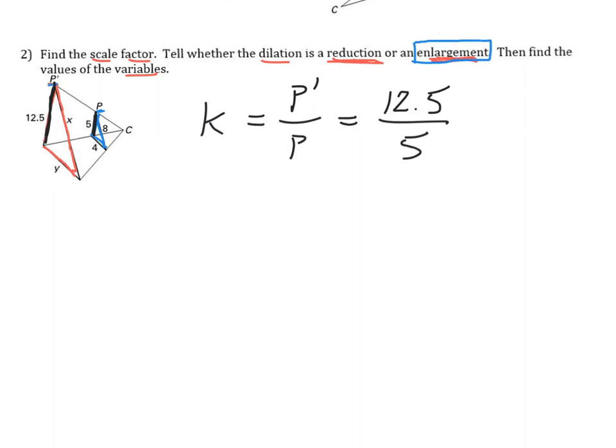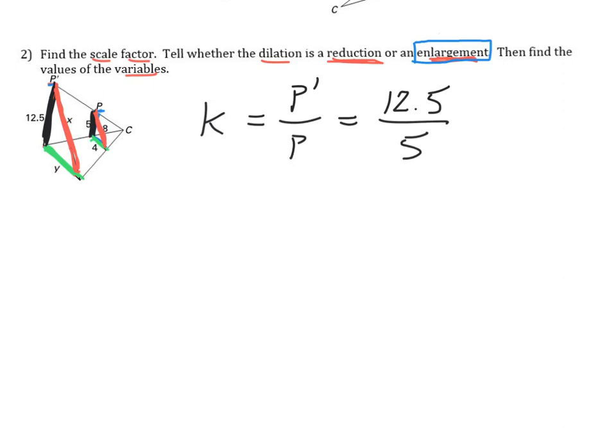I picked those two because they correspond to one another, and those are the only two sides that I have that correspond. I do have 4 here, which matches up to y, but that doesn't really help because we have a variable. And I do have 8 here, which matches up to x, but once again, that doesn't help because we have a variable.